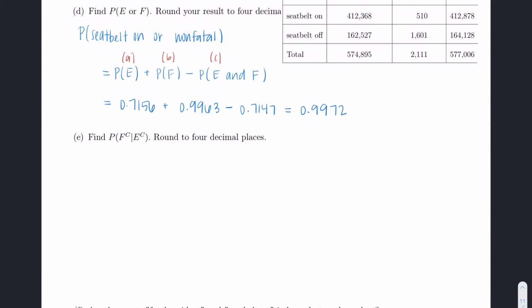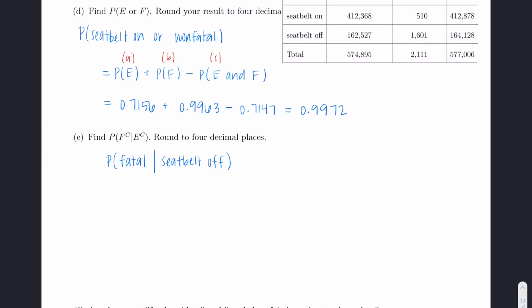Okay, part E then says to find the probability of F complement given E complement. So let's write this out so it's a little bit easier to think about. F complement, if F is non-fatal, then the complement of that would be fatal. So find the probability that a person was in a fatal accident given E complement. If E is seatbelt on, then the complement of E would be seatbelt off.